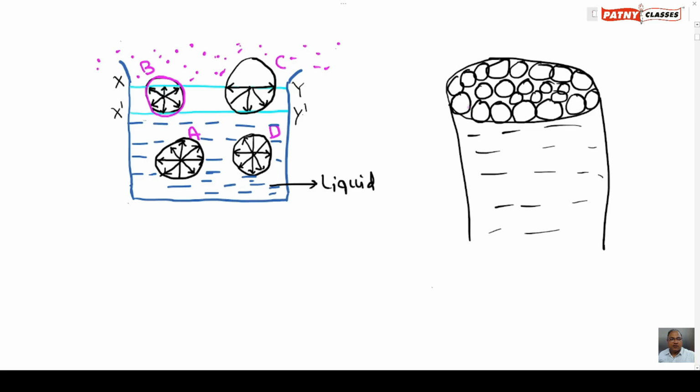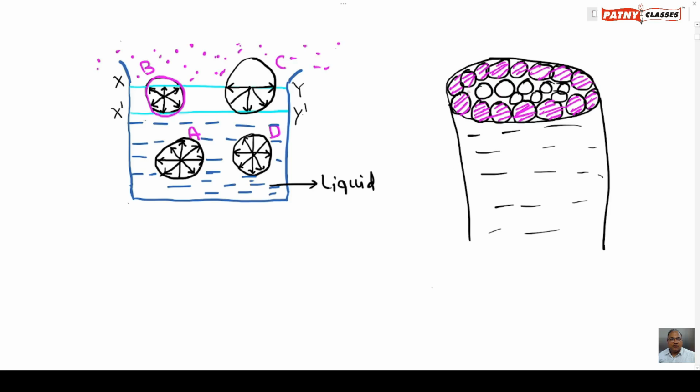So these are the molecules touching the walls of the container. These molecules I am drawing here, they are touching the walls of the container. They are acted upon by two types of forces. One is a downward force due to the liquid, that is the cohesive force, and they are also attracted by the walls of the container.